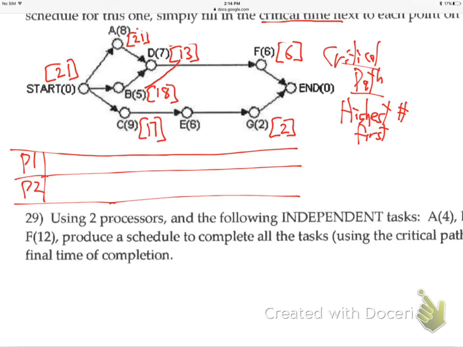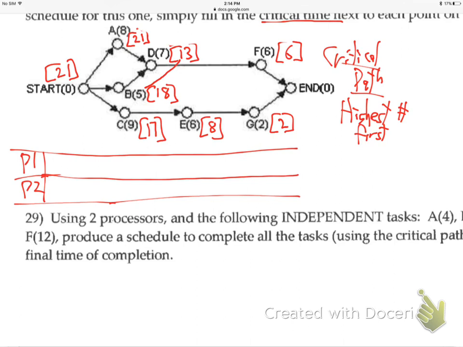All right. So go ahead, processor 1. Kind of running out of room here.